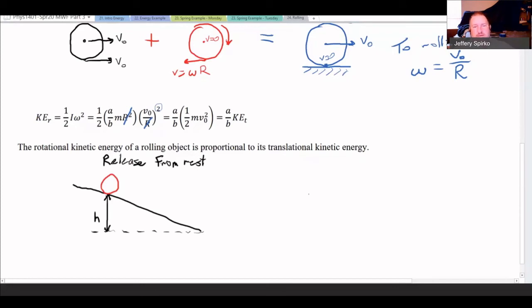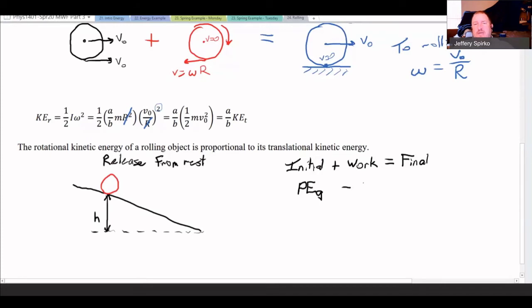So when I figure out what's going to happen here, I want to think initial energy plus work due to any force for which I don't have potential energy is equal to final energy. And my initial energy is going to be potential energy due to gravity.